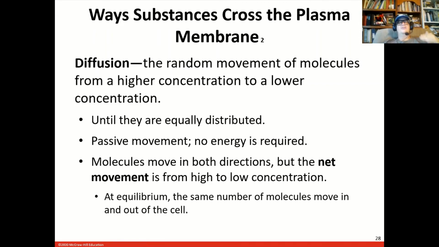The cell is not spending energy on diffusion. But if you hear the word diffusion, you know that this is passive transport. The cell is not spending any energy. The net movement is going to be from high concentration to low. And at equilibrium, you got the same movement into the cell as out of the cell. Great.